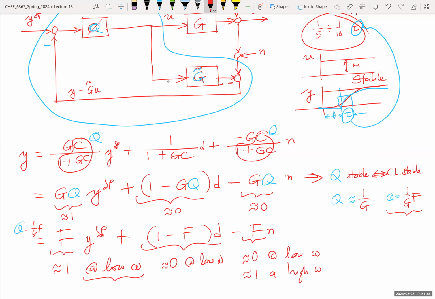Let me make sure I get this right. So again, low frequencies, this. I'm doing this from memory, so I have to check and make sure I get this right.